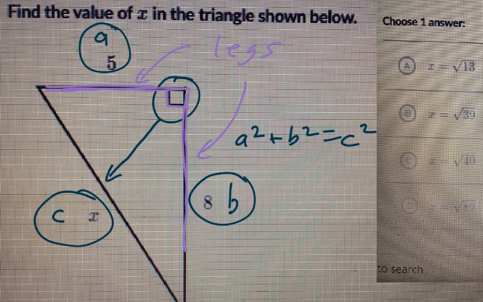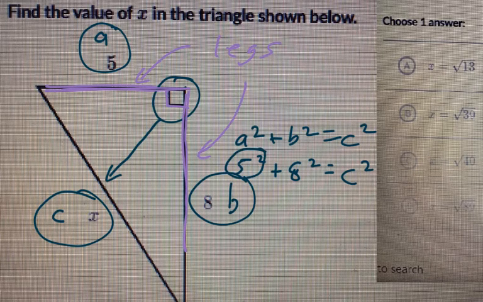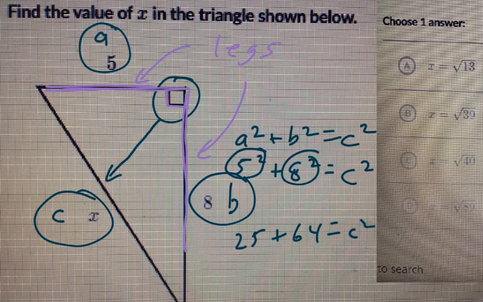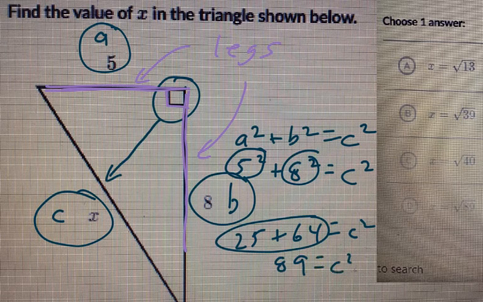So, in this case, I'm going to do 5 squared. A was 5, remember. I'm going to do 8 squared. B was 8. So there's my new equation: 5 squared plus 8 squared equals C squared. Let's do our math. 5 squared is 25. 8 squared is 64. That still equals C squared. Let's add those numbers together. That's 89 equals C squared.